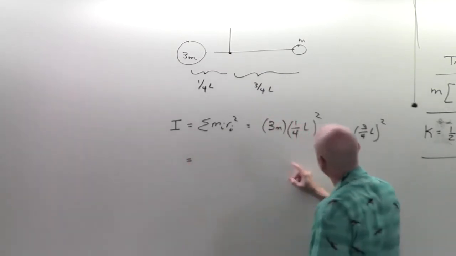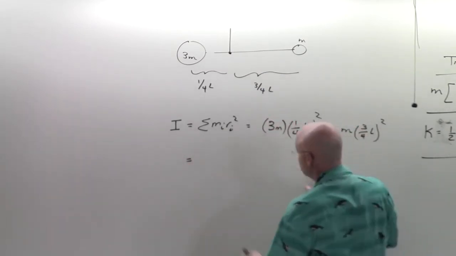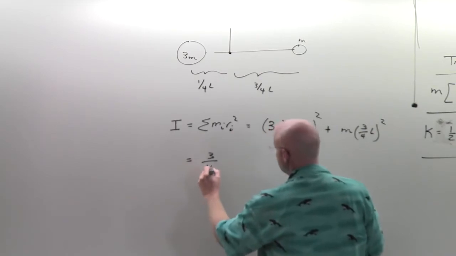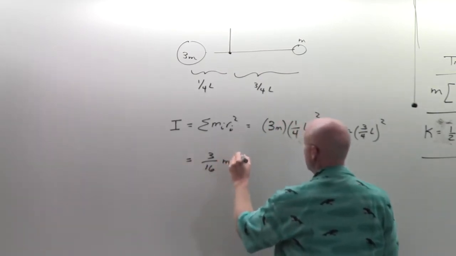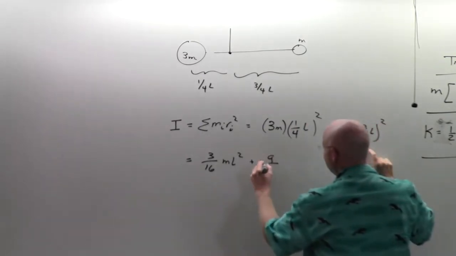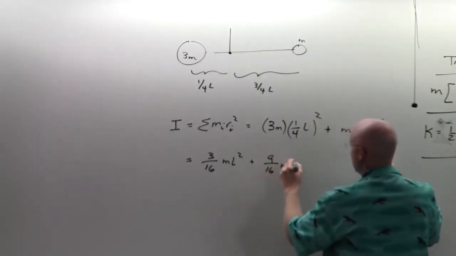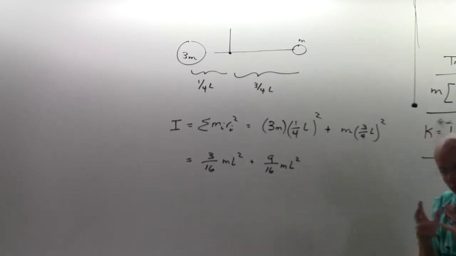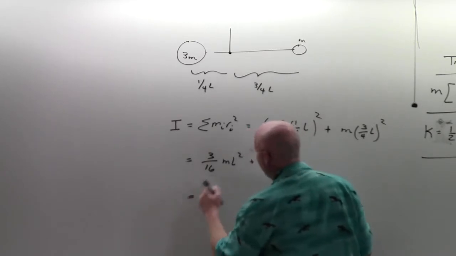Then, of course, you can see that 1/4 squared is a 16th. So this is 3/16 ml squared. And this is 9/16 ml squared. So each one contributes to the ease or difficulty of getting it to rotate. Each one has a moment of inertia. And in this case, we can now add them together.